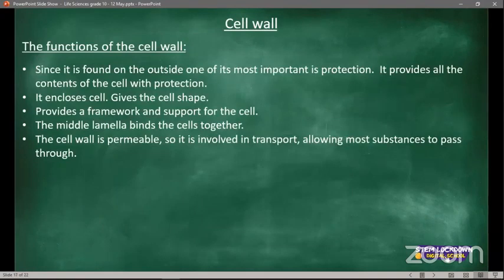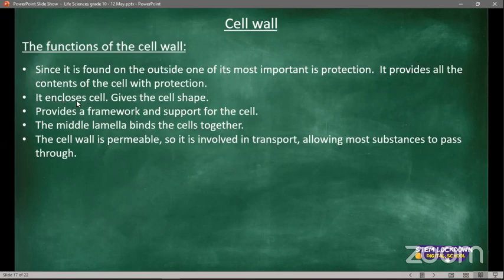Now, the functions of cell walls are that since it is found on the outside, the most important function is that it provides protection to the cell. So it provides all the contents of the cell with protection.